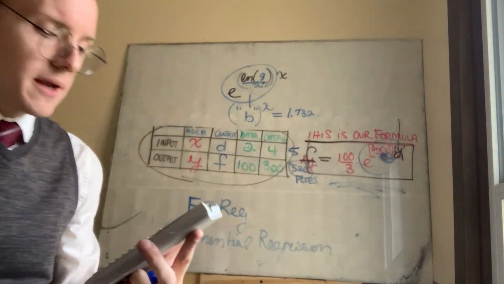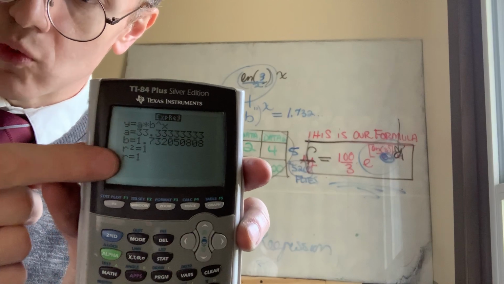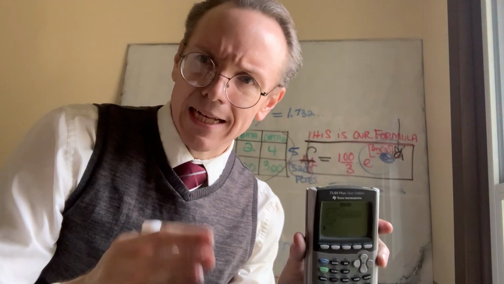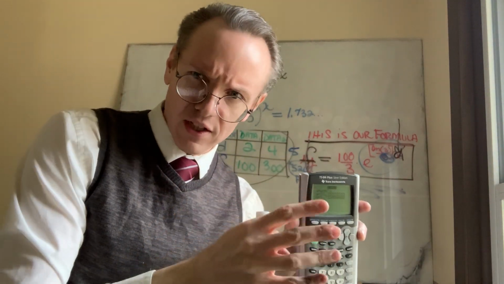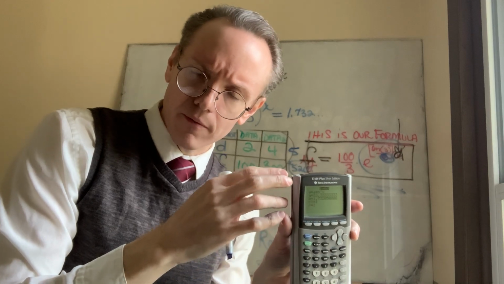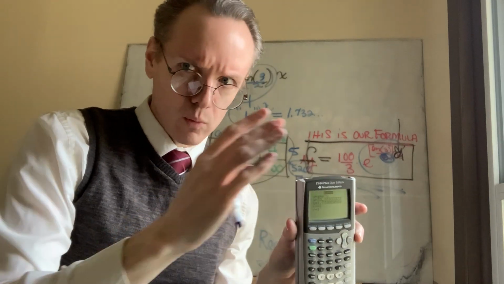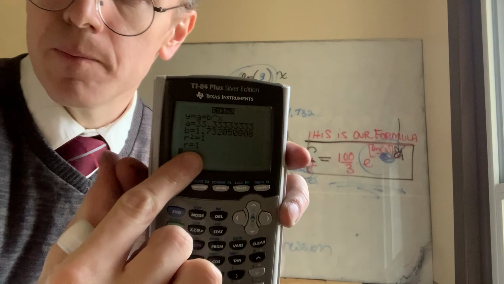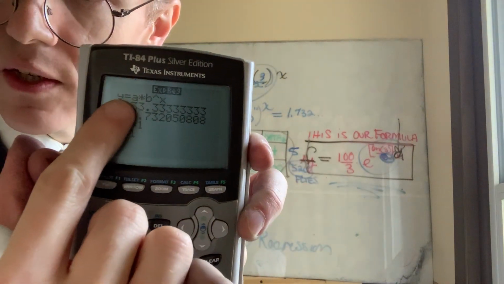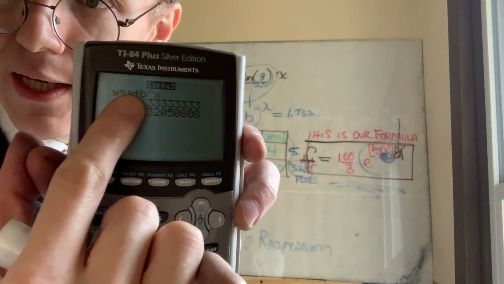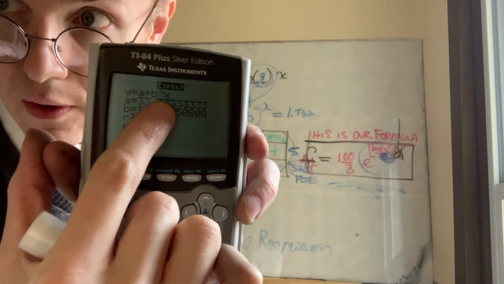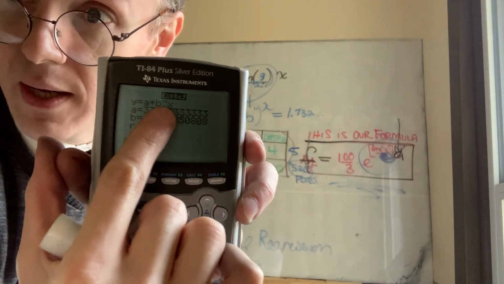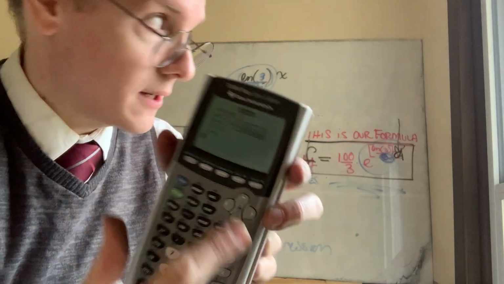All right. And then these other things here that it says, r squared and r equals 1. That's how reliable the function is. This is something that you would worry about in statistics. Right now, you just want to see that, okay, this is the model. Y equals a times a power of some base to a certain exponent, right?